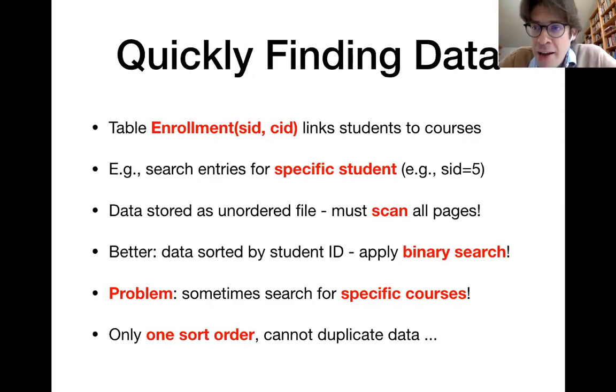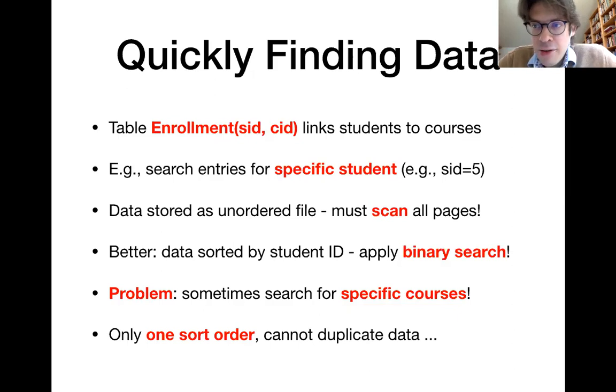So in order to find the enrollment information for the same student, I would have to go through all of those pages and to look at all records on each of those pages in order to check whether the student ID equals 5. And as you can imagine, if I have a lot of students, then that is actually quite inefficient because I need to look at all data, but I'm only looking for a small number of entries typically.